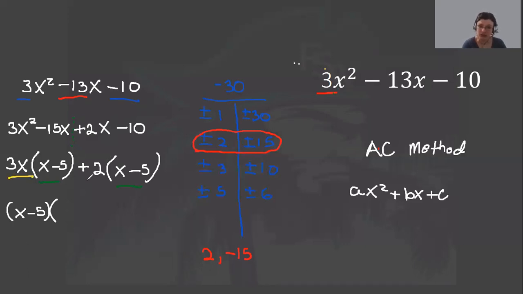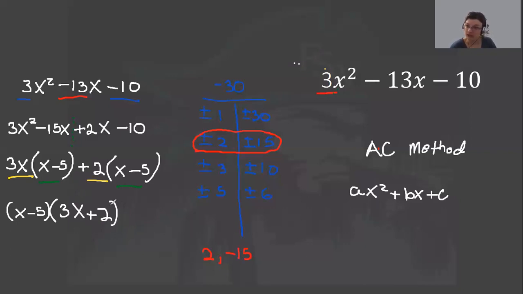And if I factor x minus 5 in the second group, all that's left is a 2. Meaning that that's in fact going to be what your other factor is, a 3x and a 2. And with that, we have the factored form for our second problem.